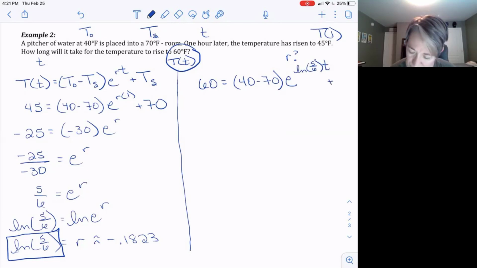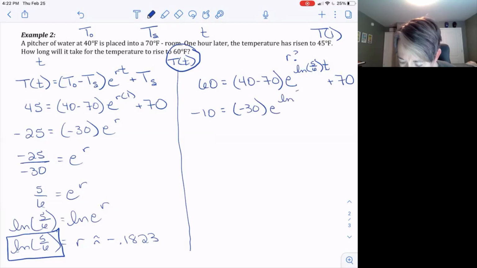And then plus our 70 again. So as we solve it, let's subtract that 70 from both sides. We get a negative 10. Subtract the 40 minus 70 inside the parentheses. We get the negative 30 times e to the natural log of 5/6 times t.